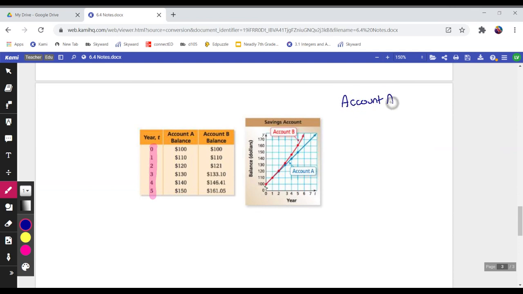So account A is linear because it is a straight line and has a constant rate of change. For that, you can look over at the table. Each time they're adding 10.